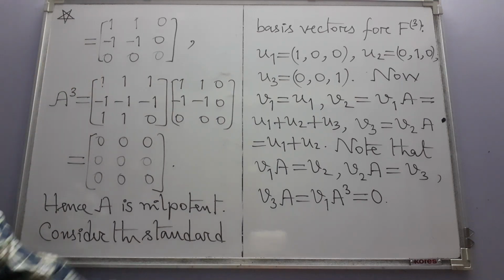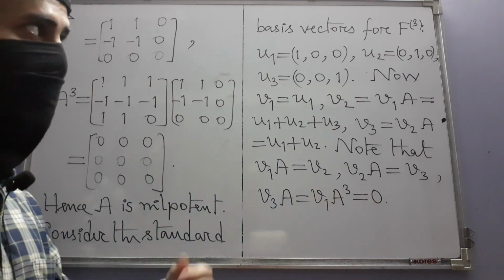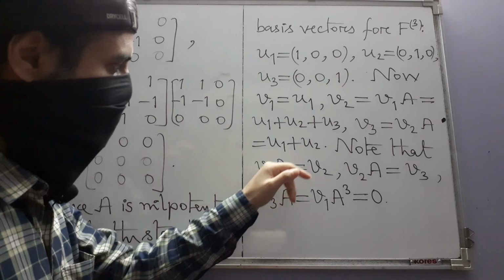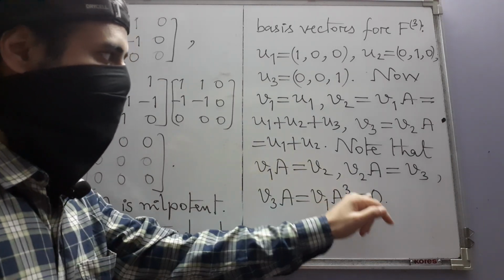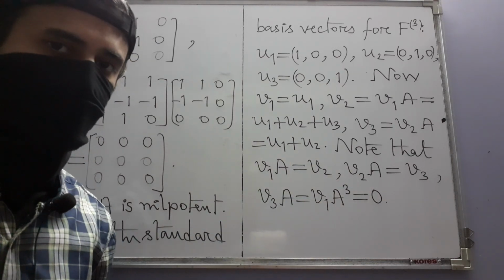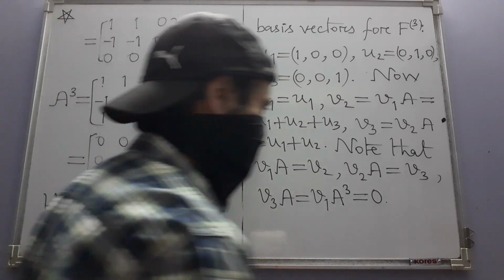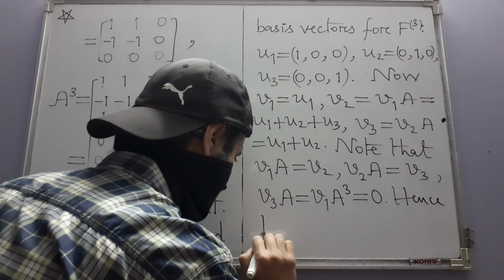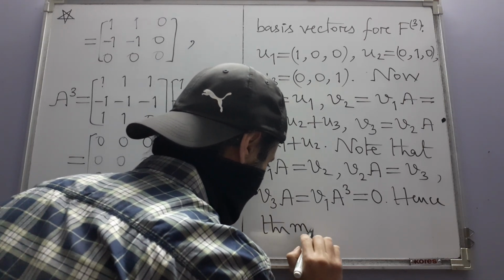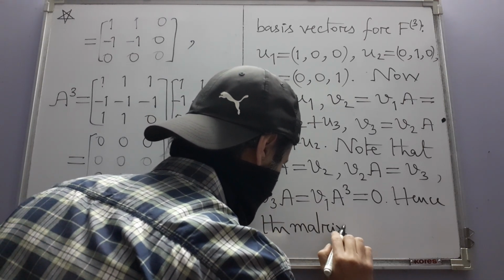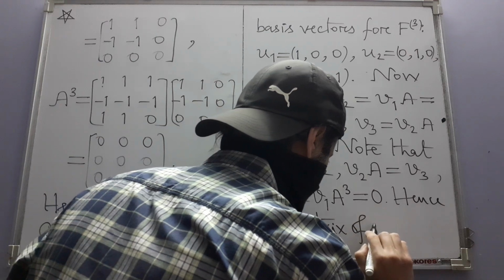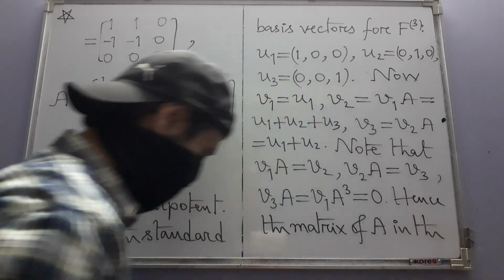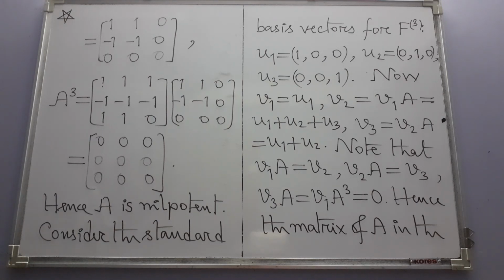You do understand what this 0 is. This 0 is the 0 vector in F3. So now we see what A does to each of the basis elements V1, V2, V3. So now we can write the matrix. Hence, the matrix of A in the basis V1, V2, V3.